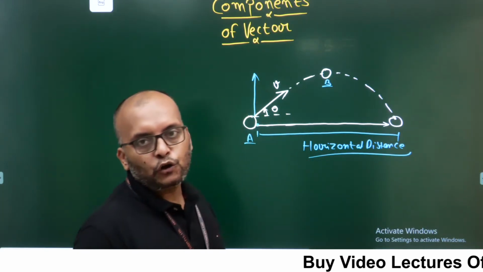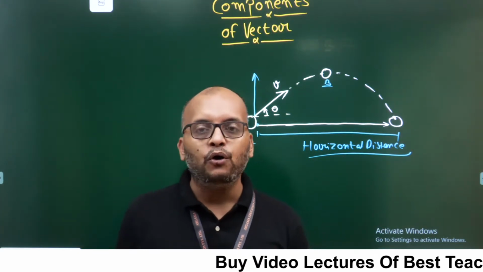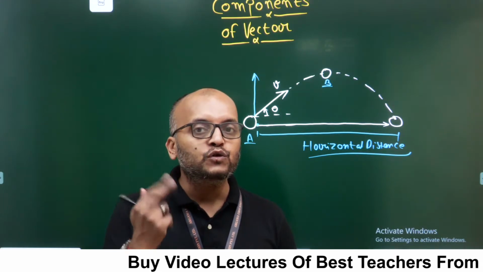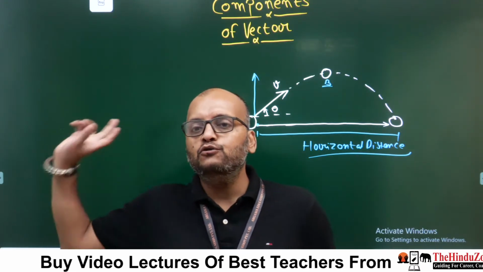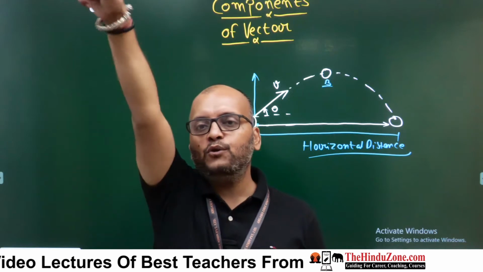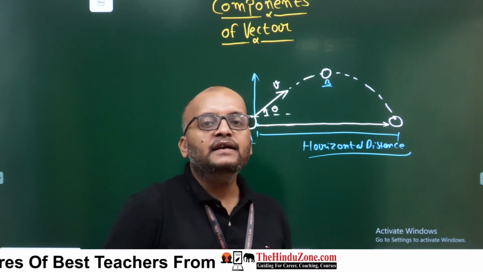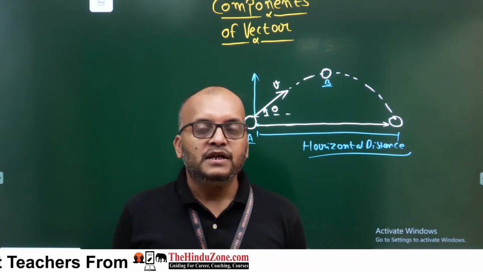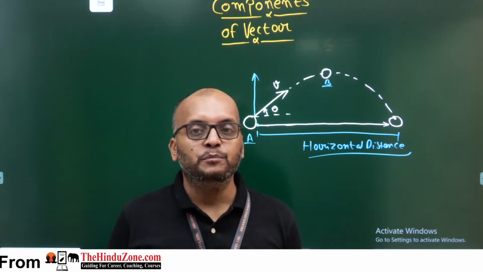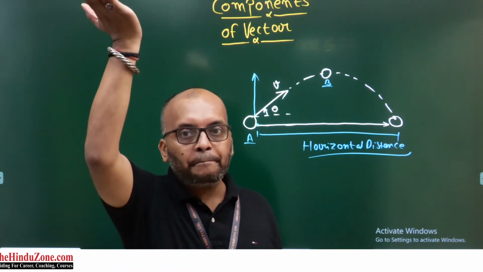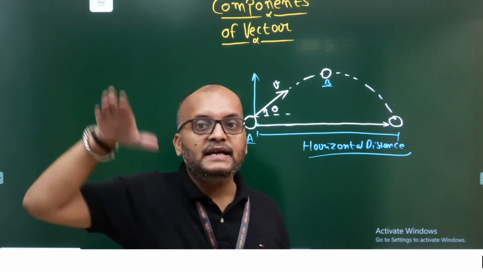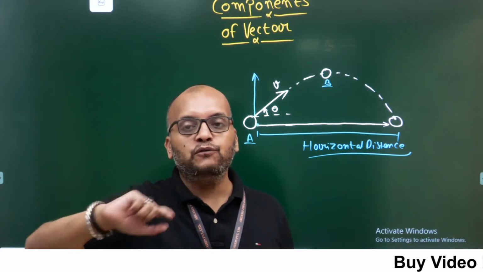That means the velocity which you gave to the ball is doing two things simultaneously. Very simple, you threw the ball like this, the ball is going up and it is also moving in the horizontal direction. This velocity is bringing the ball up, making the ball rise, and it is moving the ball forward also.